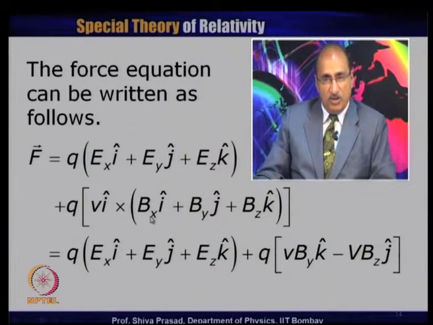I know that i cross i is 0. So, when I take V i cross Bx i, this will give me 0, so that term will not contribute. Then I take the cross product with the second term, which is i cross j. i cross j would give me k. Therefore, V i cross By j would give me V multiplied by By in the k direction. Now, i cross k is minus j.